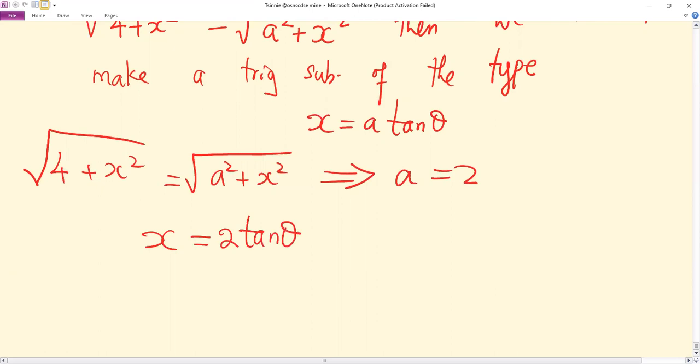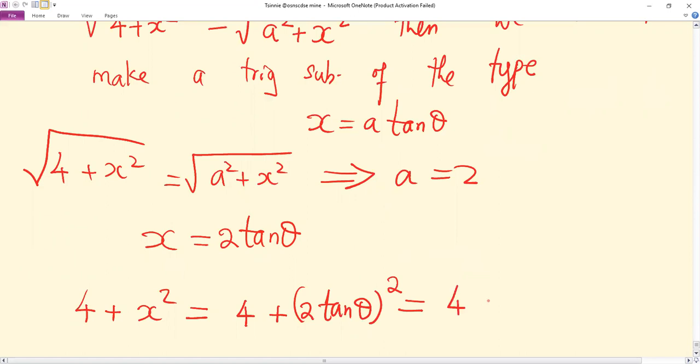Now, 4 plus x squared will be the same as 4 plus (2 tan theta) squared, because where there's x, we put 2 tan theta. And this will give us 4 plus 4 tan squared theta.